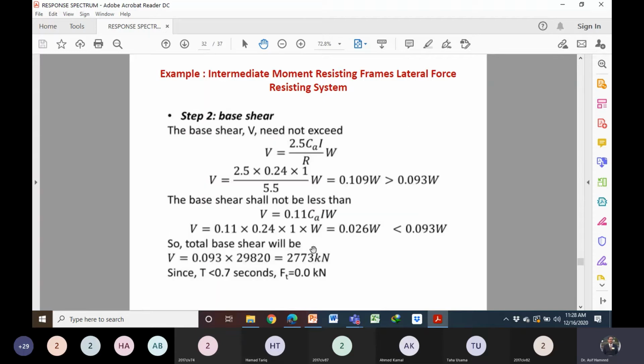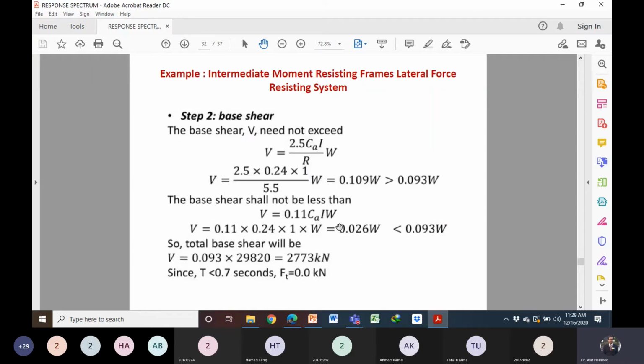Okay? Next we have to check the maximum and the minimum values of the base shear. So base shear should not exceed this value. Again, put the values. The maximum limit is this one, it should not exceed. It's more than the calculated value from the first formula, so it's okay.